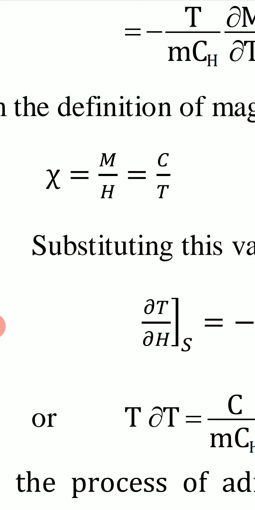And from Curie's law, this chi is equal to C upon T. It is proportional to 1 upon T, and C is a constant known as Curie's constant.